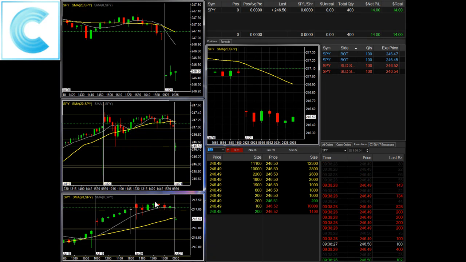Once again, the bias is still to the downside, specifically because of the nature of the gap down, and prior to the gap down, there was a sideways movement from the prior day, which may end the trending power or the momentum that was taking place previous to yesterday.